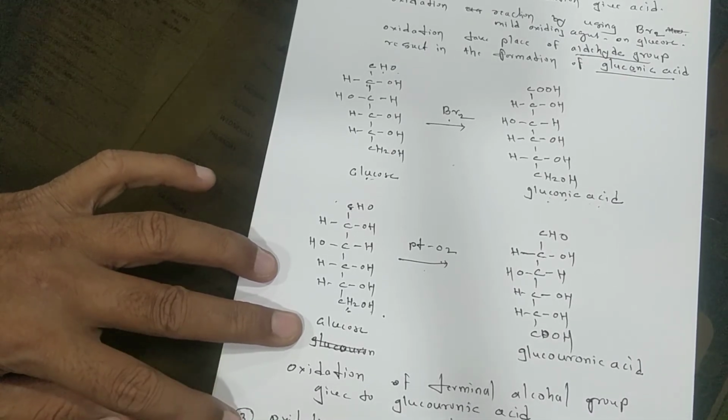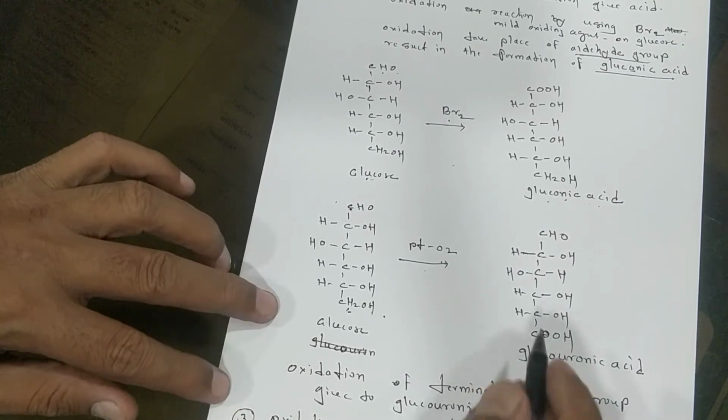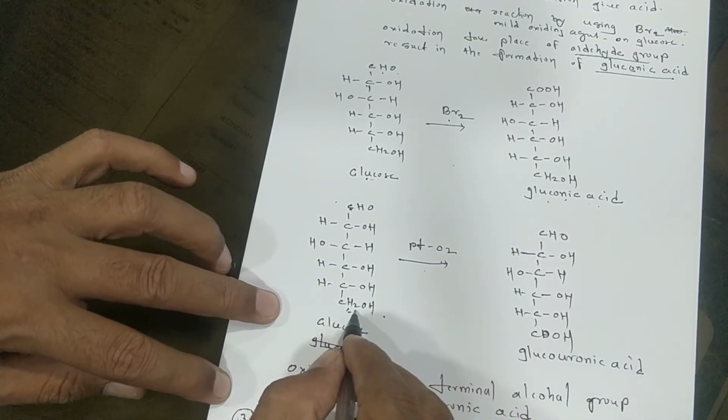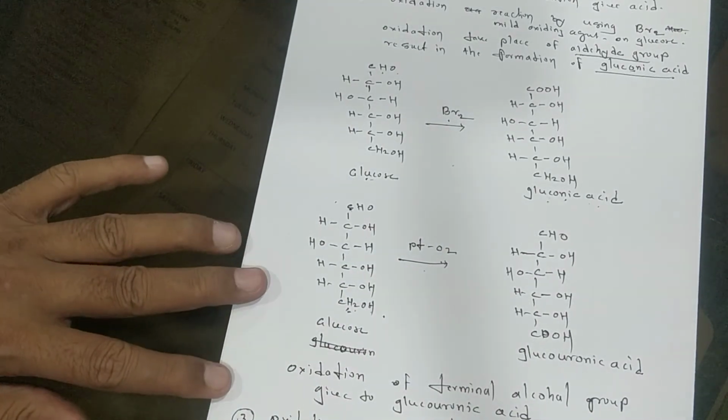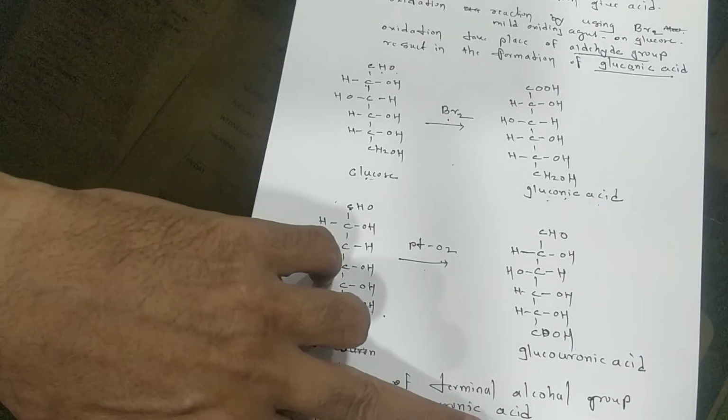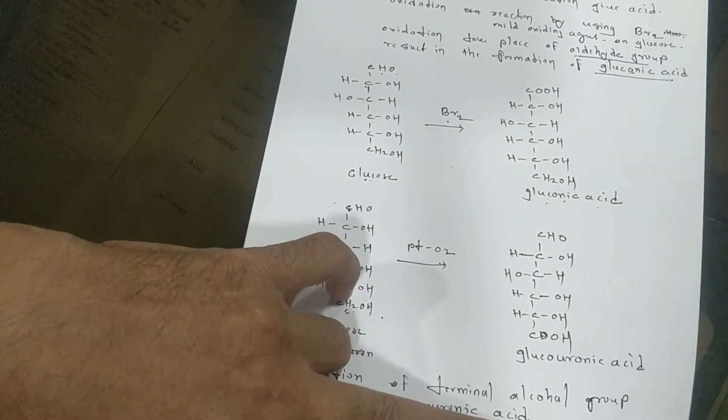The oxidizing agent used is concentrated nitric acid, a strong oxidizing agent. When nitric acid is used, both the terminal aldehyde and alcohol are converted into acid groups, and such an acid is called glucosaccharic acid.